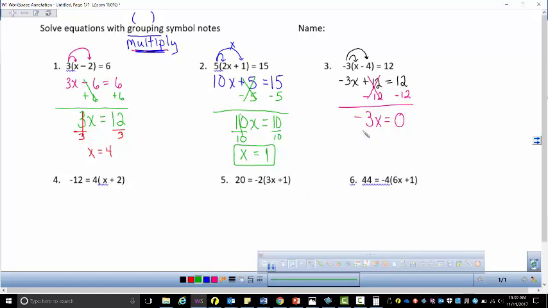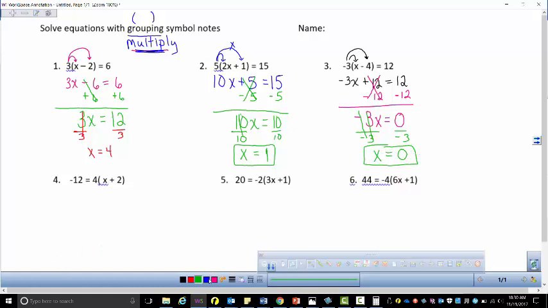And then I have to divide by negative 3. Negative 3 divided by negative 3 is 1, so I get 1x equals 0 divided by anything is just 0. So my answer is 0.